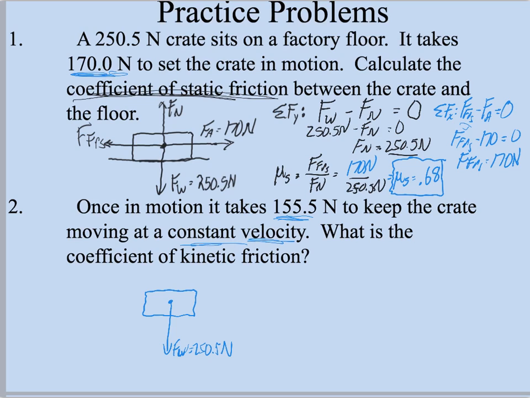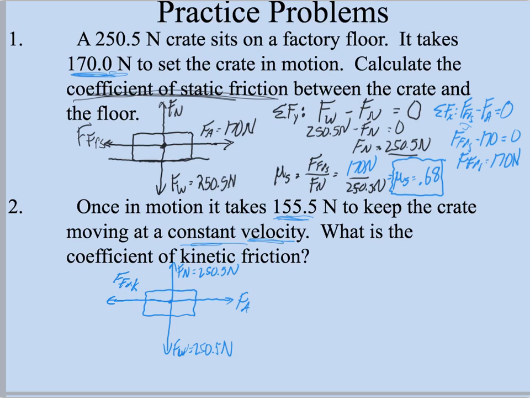We know that our normal force is the same value. That hasn't changed. We are pushing it to the right with an applied force. And the friction force is the other direction. And since it's moving, we call it a kinetic friction force.